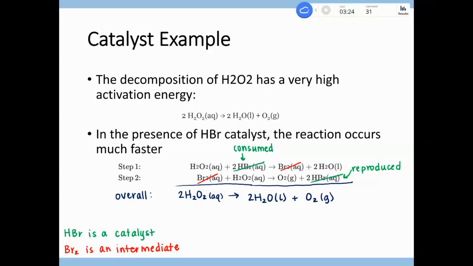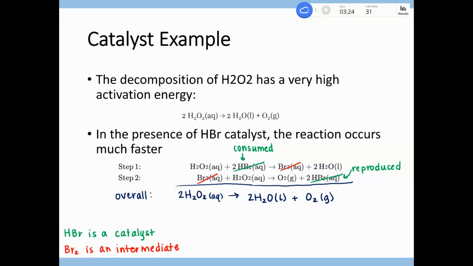Questions on this? Y'all feel confident in identifying a catalyst and an intermediate, deciphering between them? Can I offer a re-explanation of anything? Yeah, thank you.